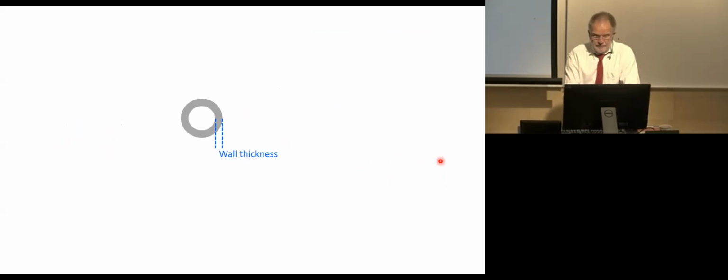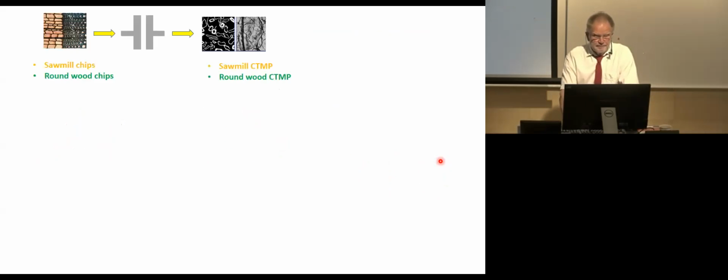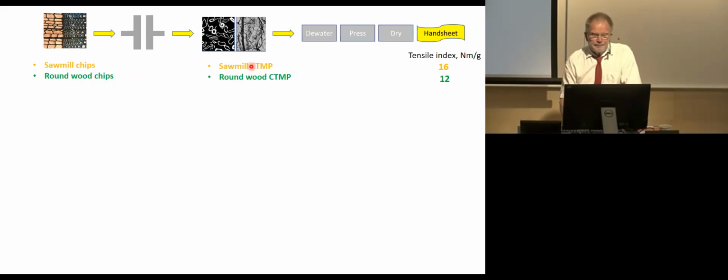Wall thickness. That's something we often speak about. A short example here of what can be seen. We have sawmill chips and we run roundwood chips into the refiner. Out comes pulp, sawmill based and roundwood based. And normally these fibers are more thick-walled in the sawmill chips, that's from the outer part of the log.